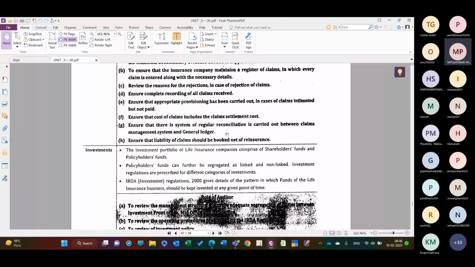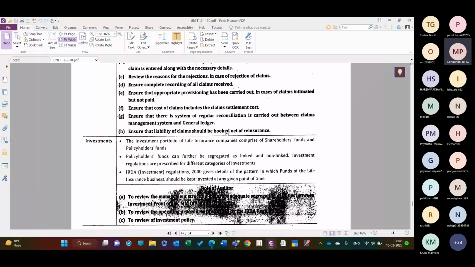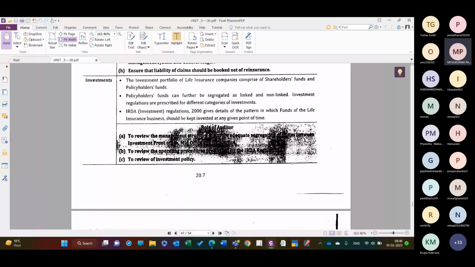Investment, this is very, very important. The most important is claim and premium, obviously, but investment is also important. That will lead to the survival of an insurance company, they would be able to maintain the solvency ratio. The investment portfolio of the life insurance companies comprises of the stakeholders' funds and the policyholders' fund.